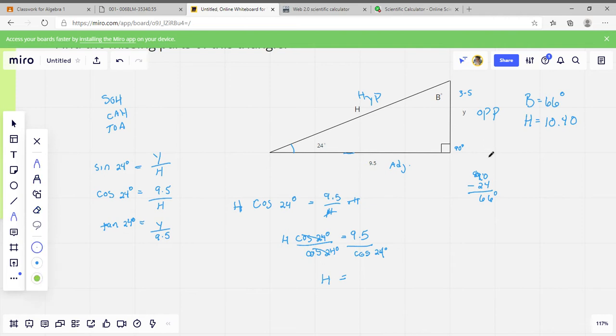Okay, so now we can use this tangent down here to find y. So we would multiply times 9.5 on both sides. These cancel. And we're going to get 9.5 times tan 24 equals y. So we'll just go over to our calculator and do that.